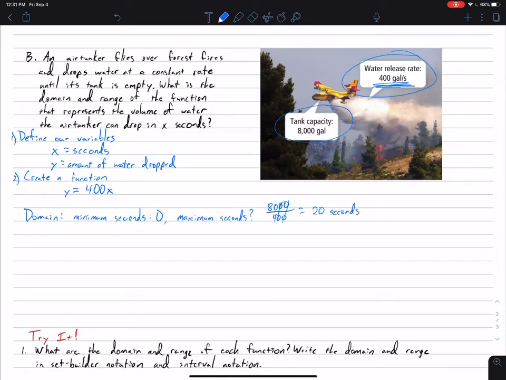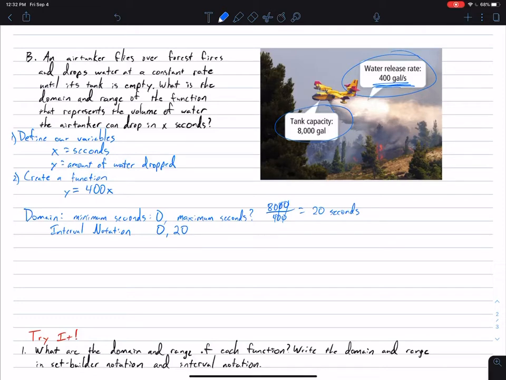So my domain, let's use interval notation because I prefer that. We write minimum then maximum. The minimum would be 0, and our max amount of time for our X value would be 20.